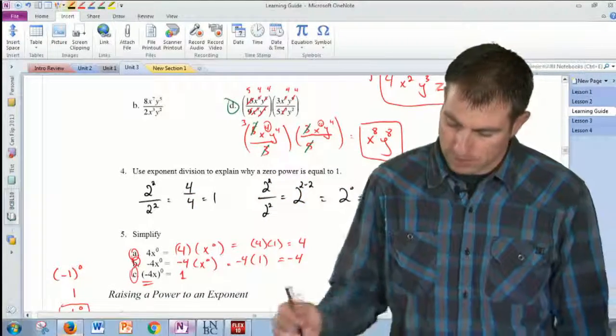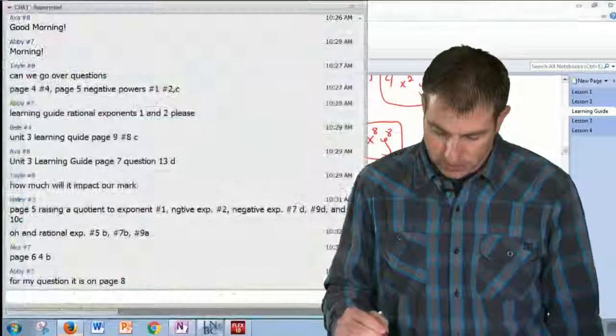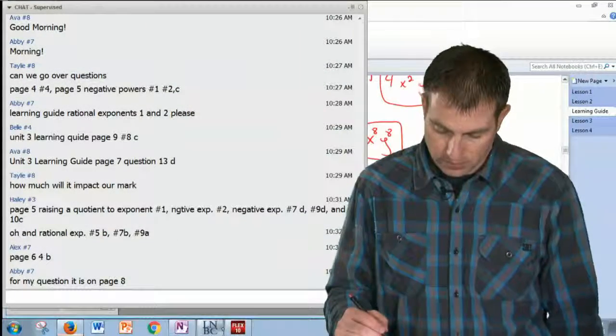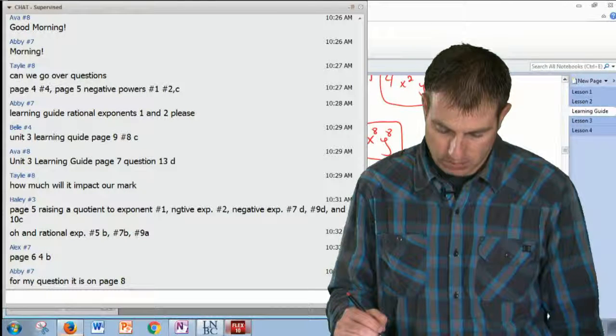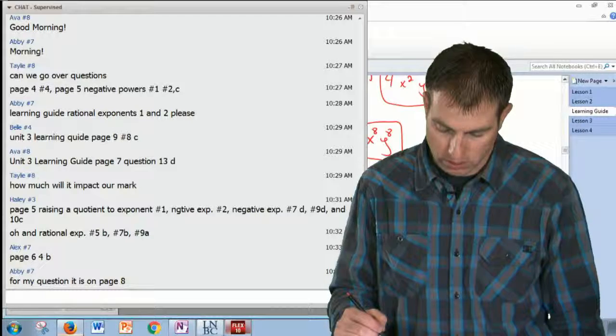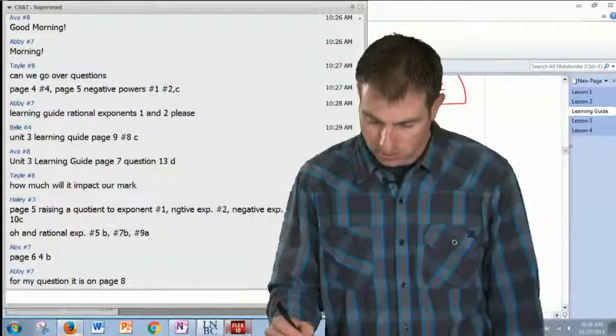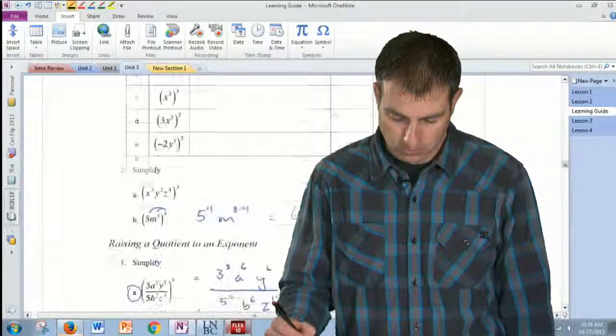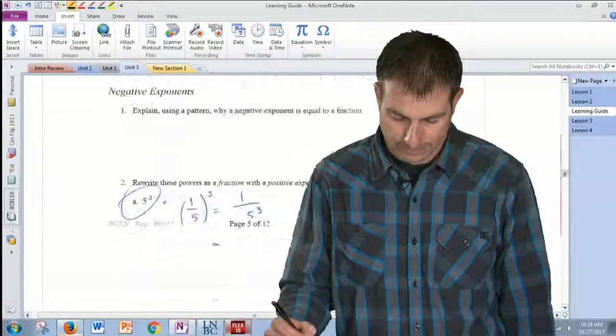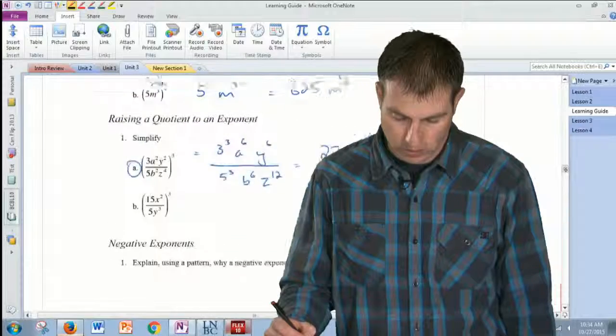The next ones, we had some on page 5. Number 1, number 2. I'm seeing a lot of page 5, number 1, number 2. I did those ones.